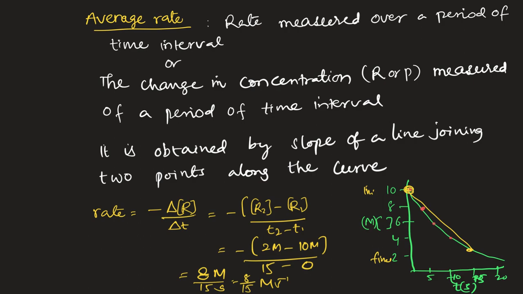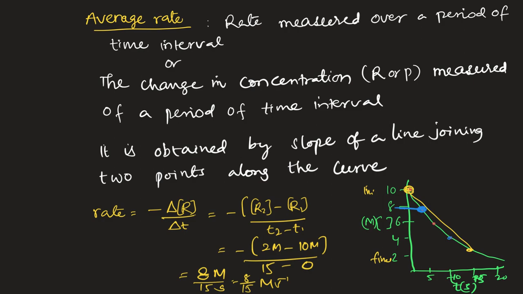Now you can take any point. For example, I took the initial and final up to 15 seconds. Now you can take, for example, these 2 points, 8 and this 4.